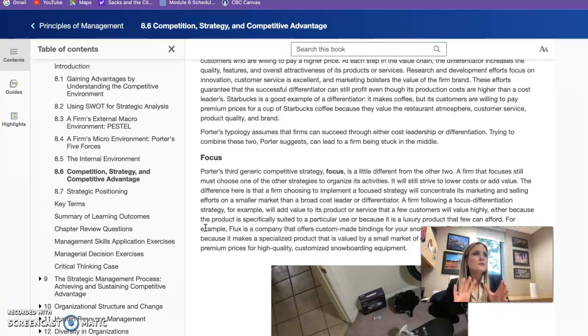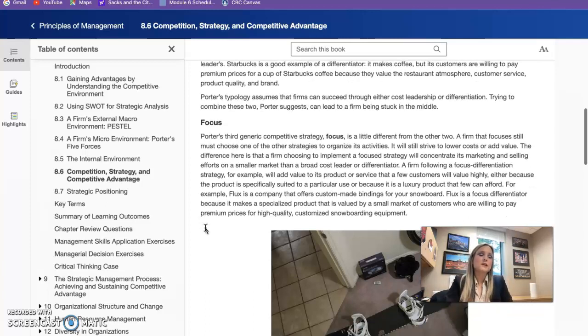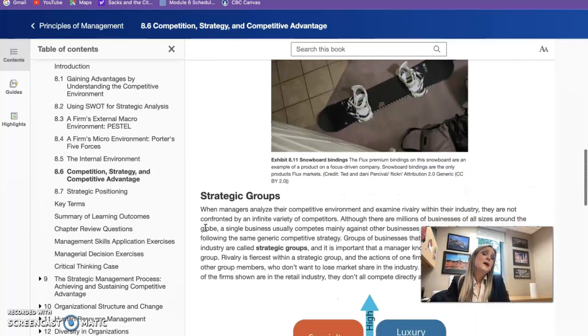It's a little different from the other two. You need to choose one of the other strategies to organize your activities. You'll strive to lower costs and add value, but the firm really needs to choose to implement a focused strategy. A lot of times this helps, especially firms with niche markets.